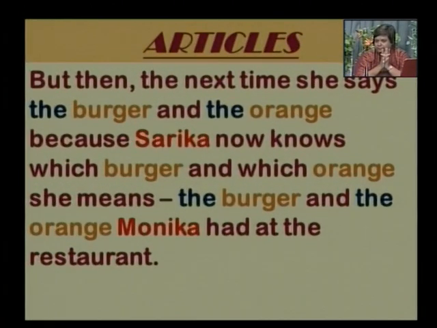But then the next time she says the burger and the orange. Why? Because Sarika now knows which burger and which orange she means: the burger and the orange Monica had at the restaurant.